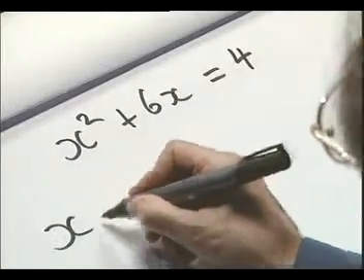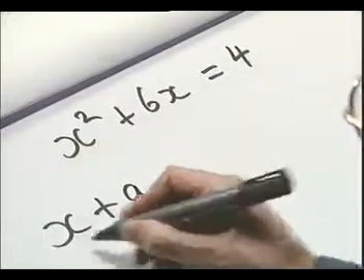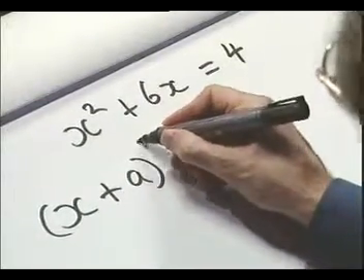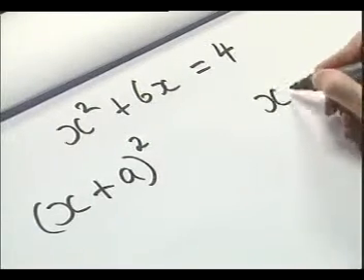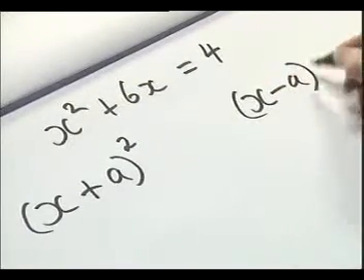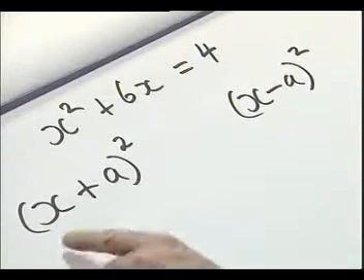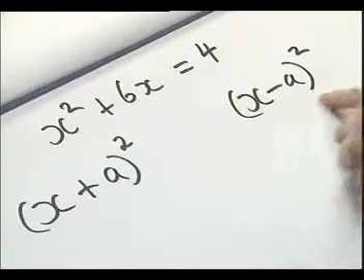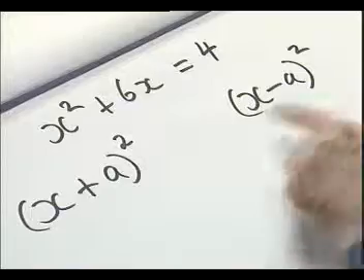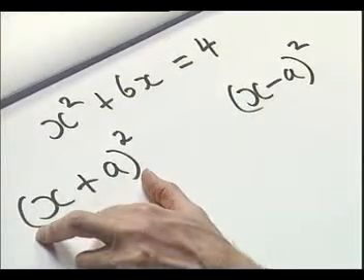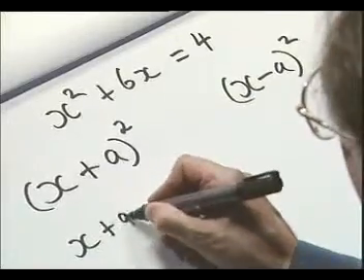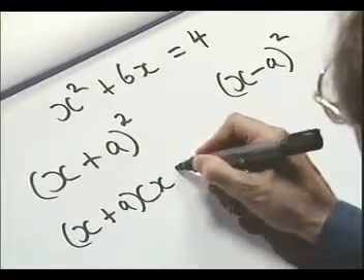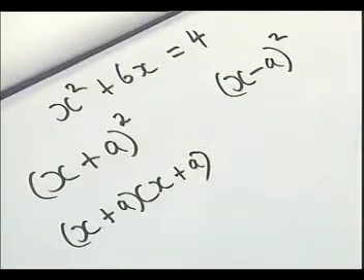The sorts of expressions that we had before were like this: x plus a all squared, or x minus a all squared. So that's what a complete square looks like, one of these two. So let's multiply this out and see what we get. So this is x plus a times by x plus a.